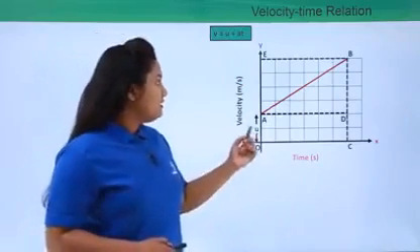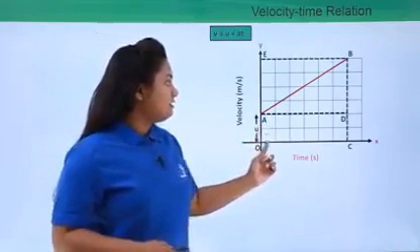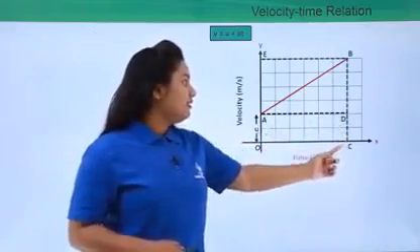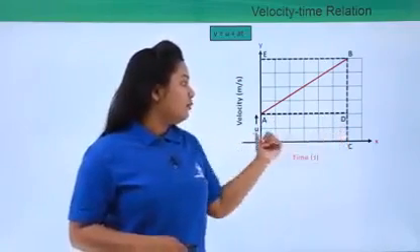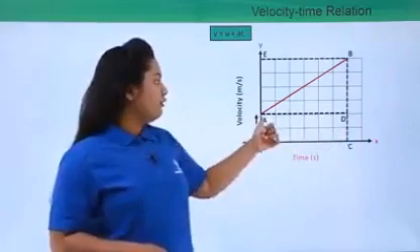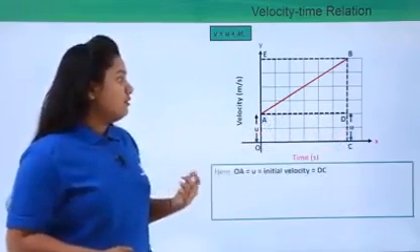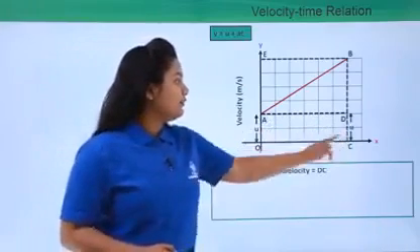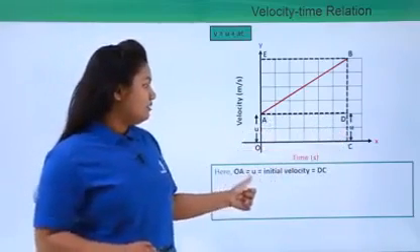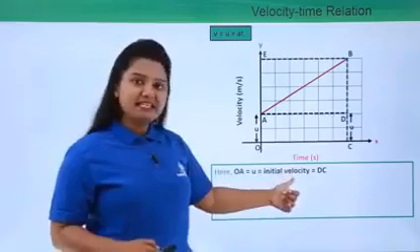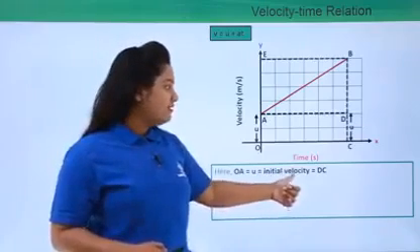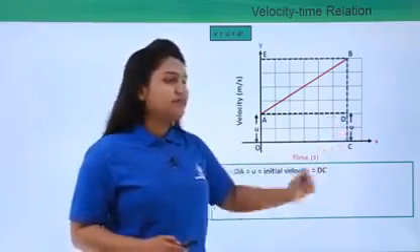And since OA will be exactly equal to DC, since they are the two opposite sides of the rectangle OADC, DC will also be equal to u. So here OA equals u, which equals the initial velocity of the body, and this also equals DC.